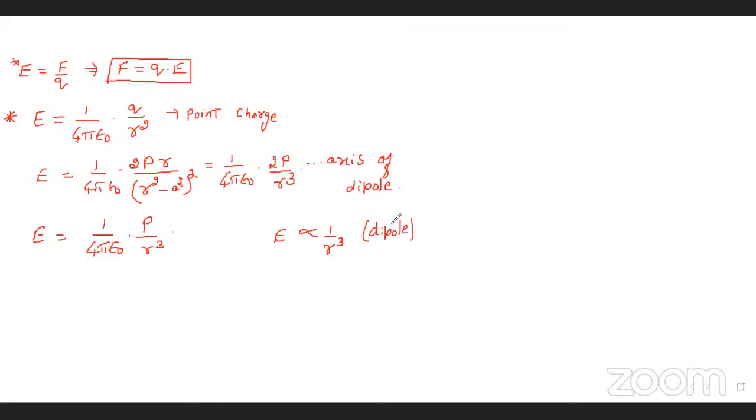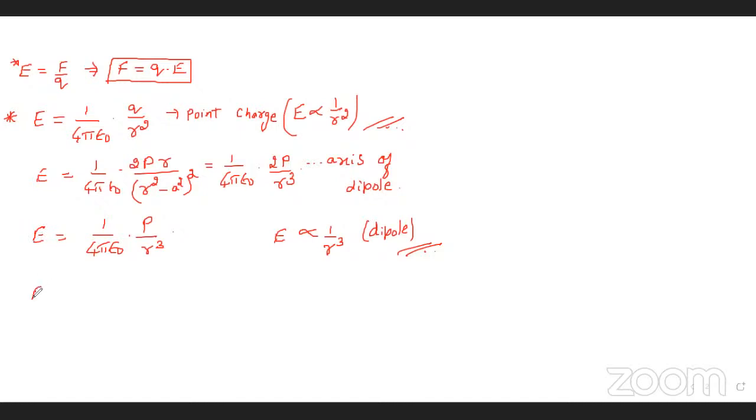But for point charge, electric field is inversely proportional to r square. They have asked this type of questions. For electric dipole, electric intensity is inversely proportional to r cube.